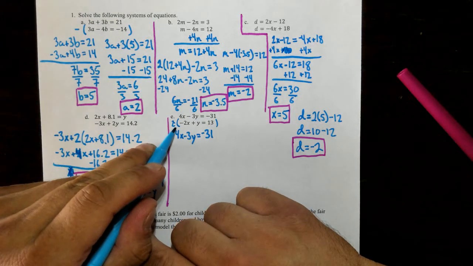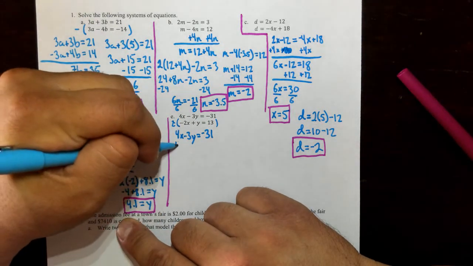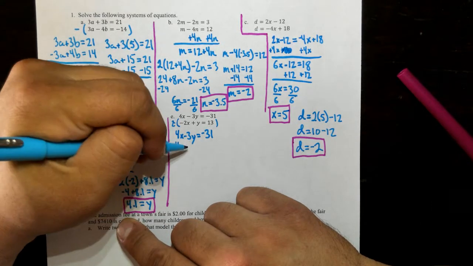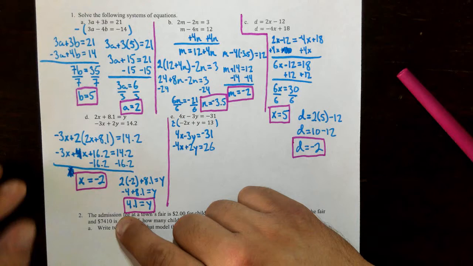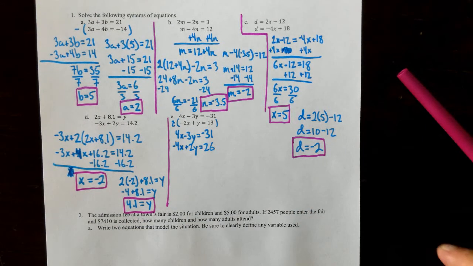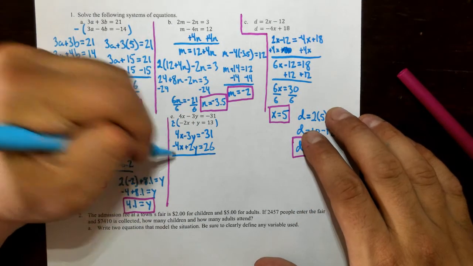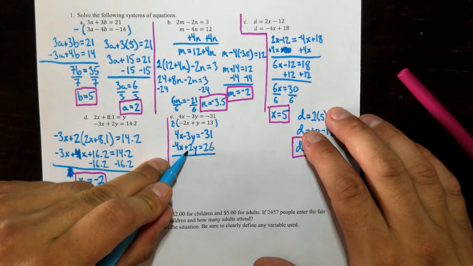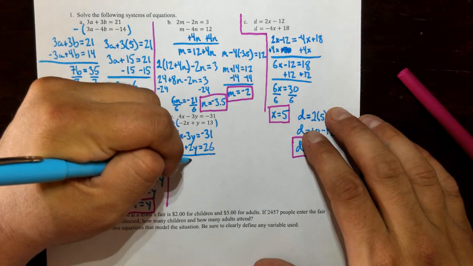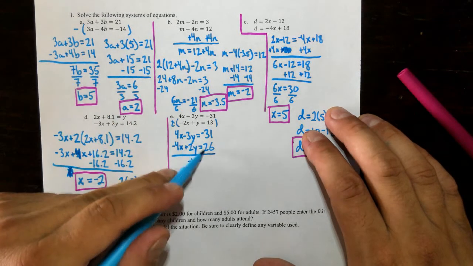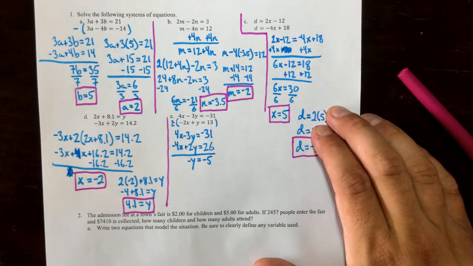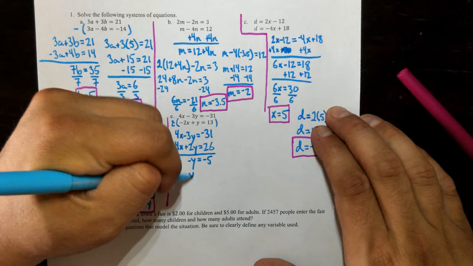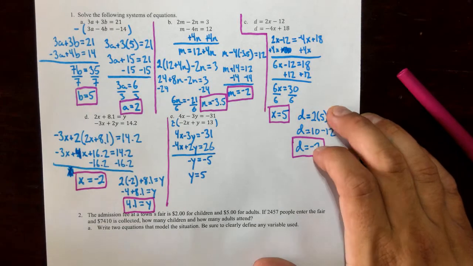And I multiply my second one by 2, that's going to be negative 4x plus 2y equals 26. And now you can see that my x's cancel. So negative 3y plus y is negative y. And negative 31 plus 26 is going to be negative 5. And we just divide out that negative, so y is equal to 5.